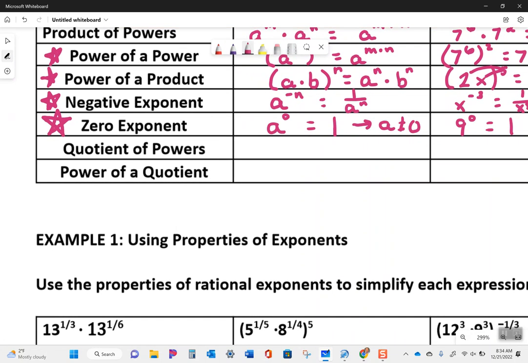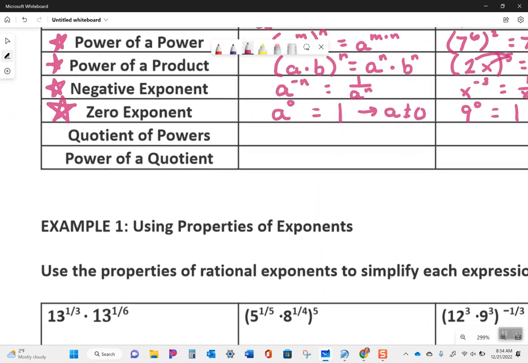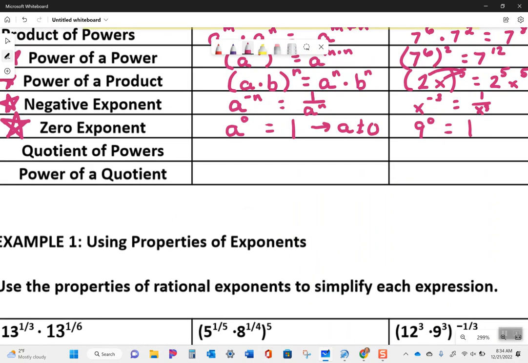Quotient of powers. We've talked about this already. Suppose I have a over b, all to the nth power. Anybody want to guess what this becomes? a to the n divided by b to the n.